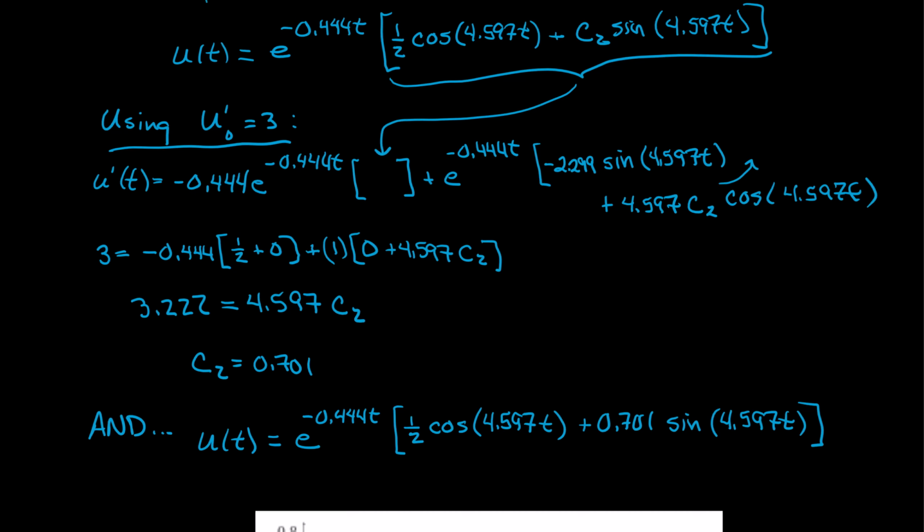Substituting in the initial velocity of 3, I'm going to have 3 is equal to, and now I'm going to put zeros every place there is a t. Be careful. This is going to become a 1, but it's times negative 0.444.